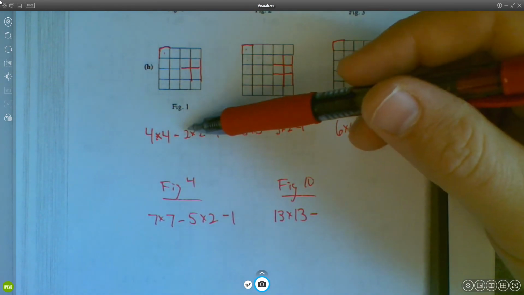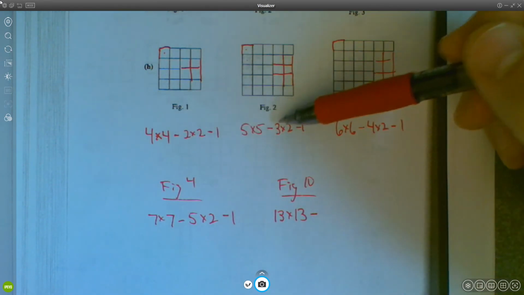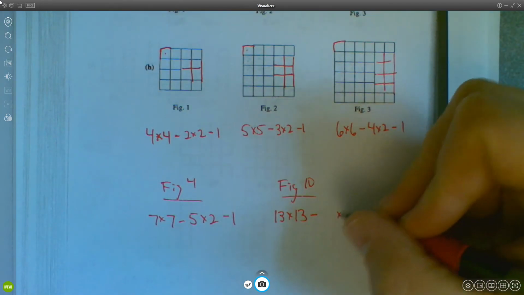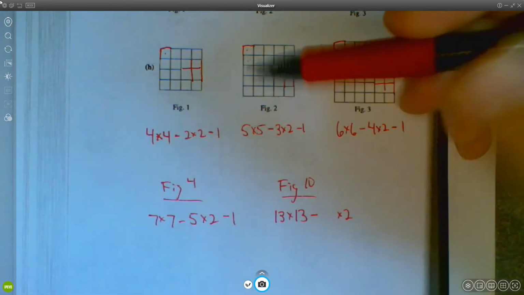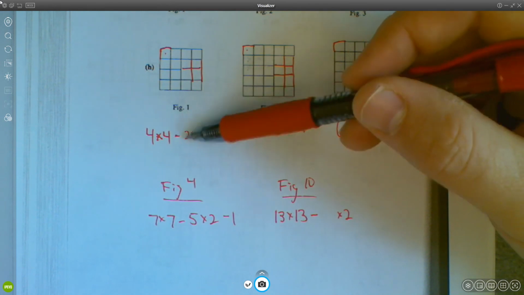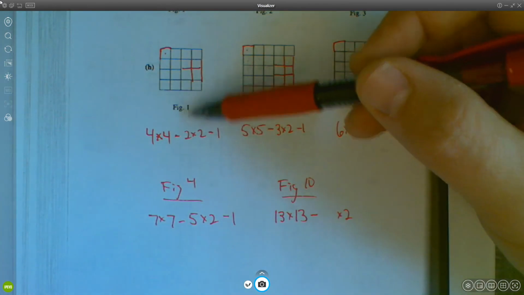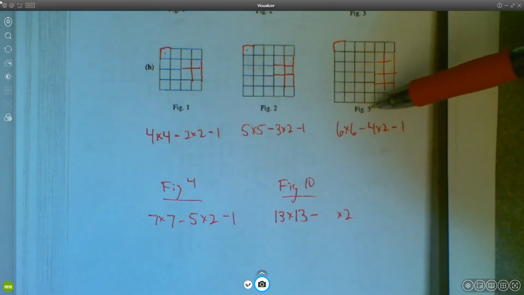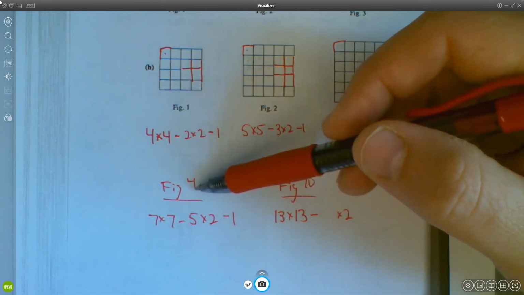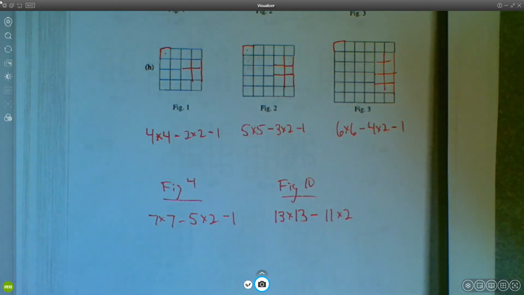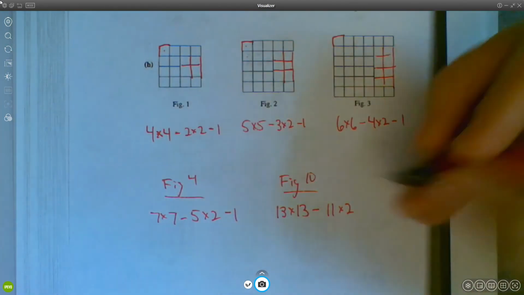It's always missing a something by 2, right? 2 by 2, 3 by 2, 4 by 2, 5 by 2. That something looks like figure number plus 1, right? 1 plus 1 is 2, 2 plus 1 is 3, 3 plus 1 is 4, 4 plus 1 is 5, 10 plus 1 is 11. So for figure 10, I'd be missing an 11 by 2. And then I'm also always missing a 1.